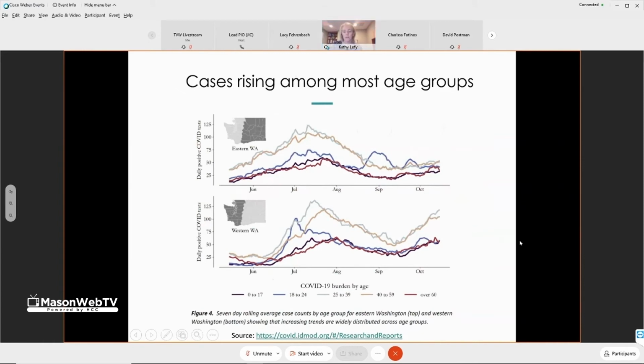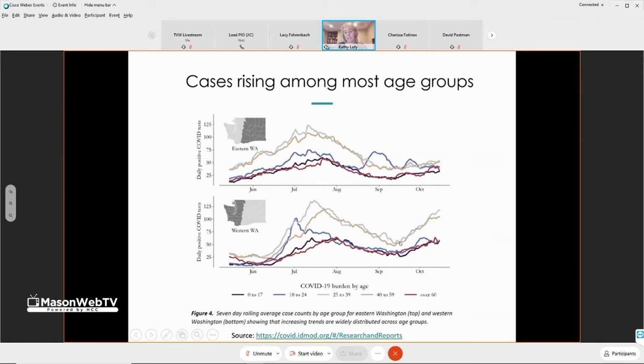So our modelers also break down our cases by age group. The top graph represents the age of the cases in Eastern Washington. And the bottom graph represents the age group for cases in Western Washington. And as you can see, we're seeing greater inclines in Western Washington among cases.